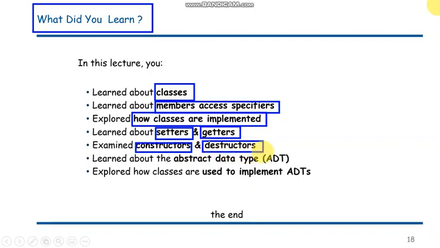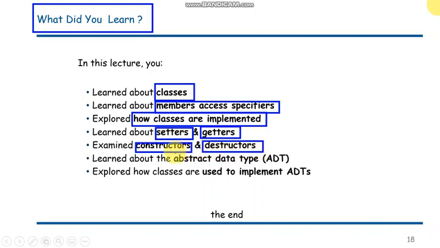But what happens when the object is out of scope? When you are done with the object, the memory that it is holding needs to be released back to the operating system. In that instance, we had to use a destructor. It destroys the object and releases that memory space back to the operating system so that other processes can use that space.